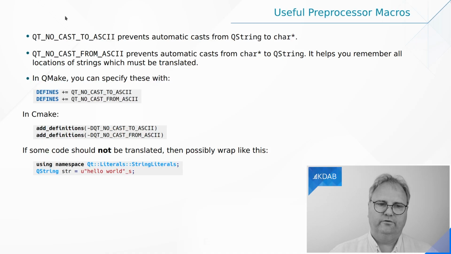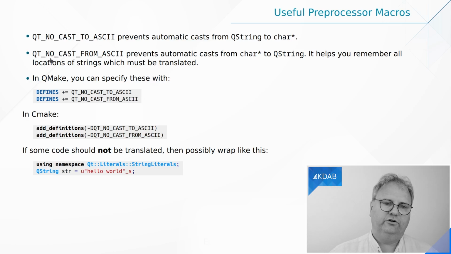But you can disable that one, and you disable that one using a macro that you compile your application with. So if you set this one here, QT_NO_CAST_FROM_ASCII, then it will not allow you to go from a char pointer to a QString.